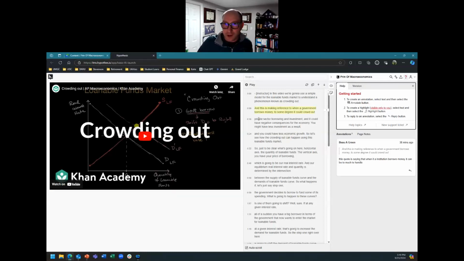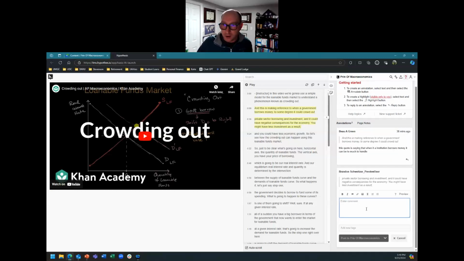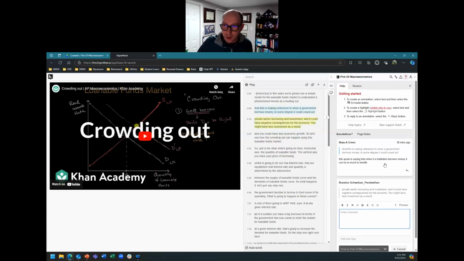The way it works is it opens up just like this. You select the text that you want to make a comment on, what we call an annotation. You click the annotation button, type in your couple of sentences or paragraph, and then click post. It's also excellent practice, to earn the full points, to respond to one of your classmates.